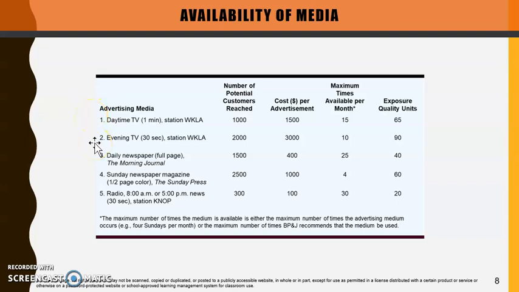For evening time advertisement, it is 10. For daily newspaper, it is 25. Sunday newspaper, it is 4, and for radio, it is 30 in month.